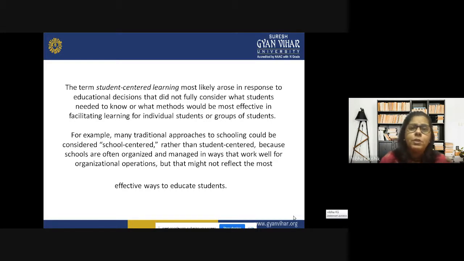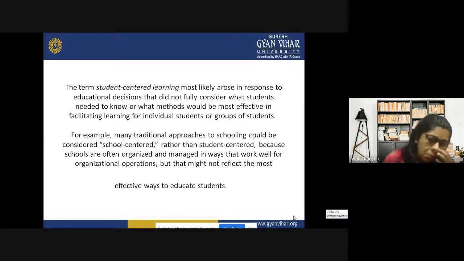That is, which teaching method should be used by the teacher so that it will be the most effective method and facilitate learning among individual students or groups of students. That method will satisfy the needs of not only individual students but also the needs of the group of students.